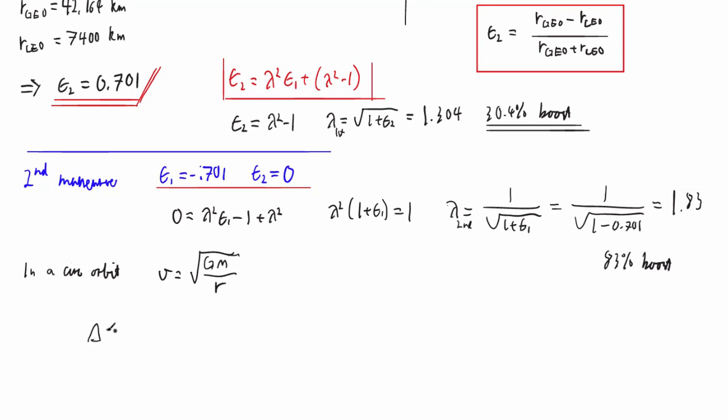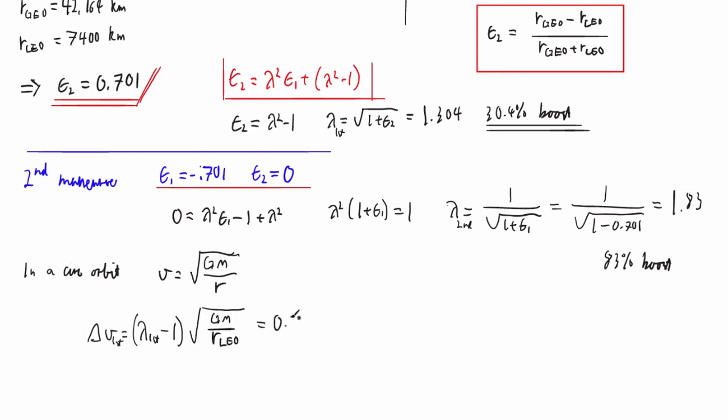So delta v in the first instance is therefore going to be lambda first minus 1 times the square root of GM divided by r low Earth orbit.